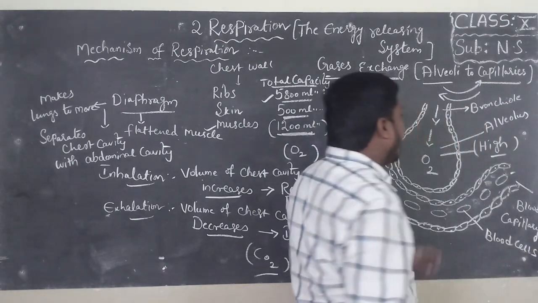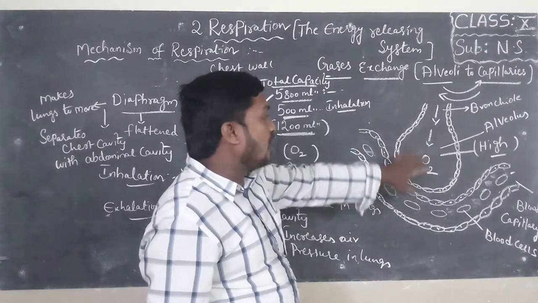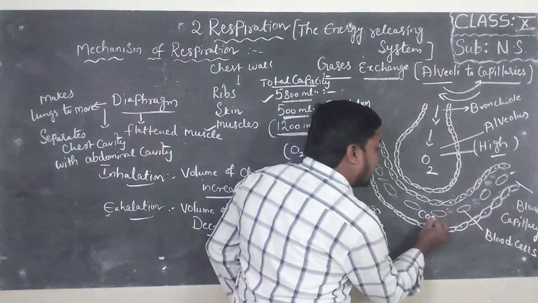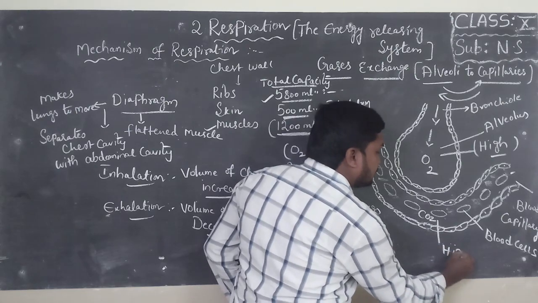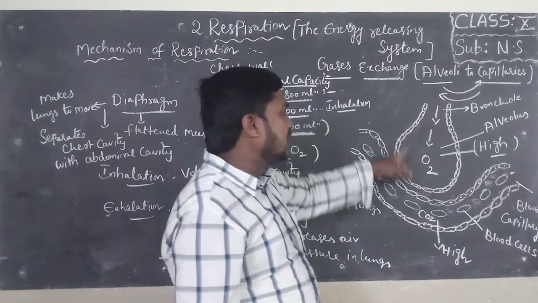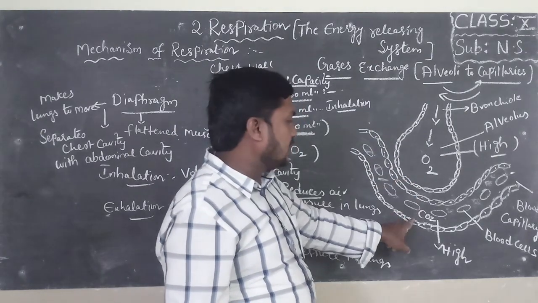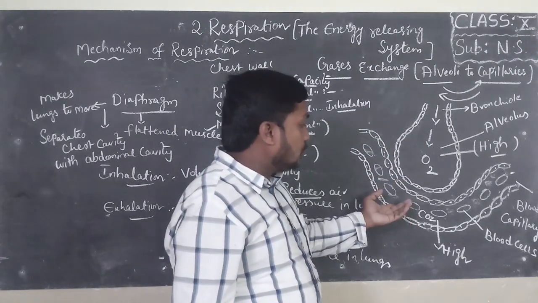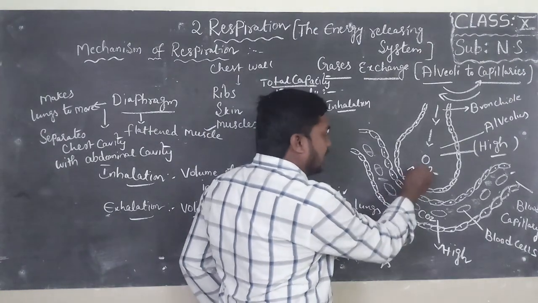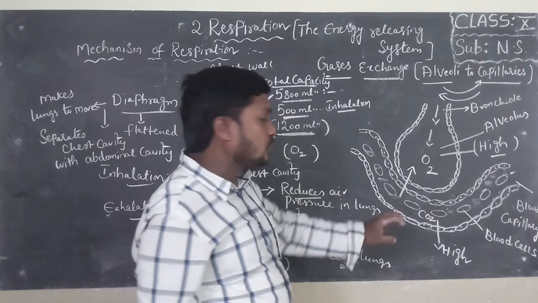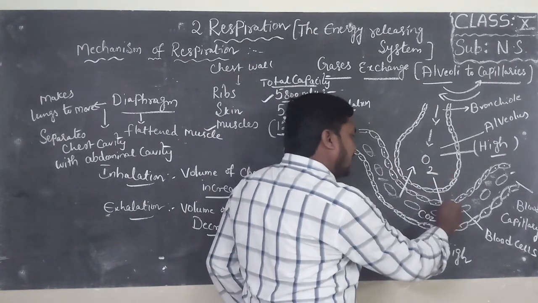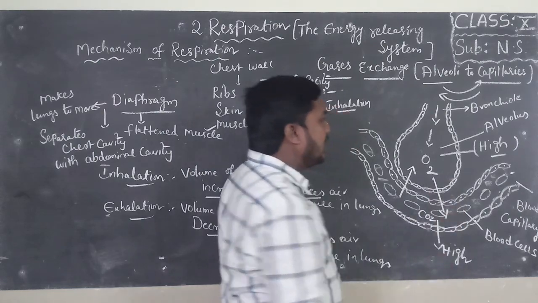These are blood cells. At the time of inhalation, the oxygen content in alveolus is high and the CO2 content in blood is high. So, very important, the CO2 diffuses from blood to alveolus, and simultaneously the oxygen present in alveolus diffuses into the blood.